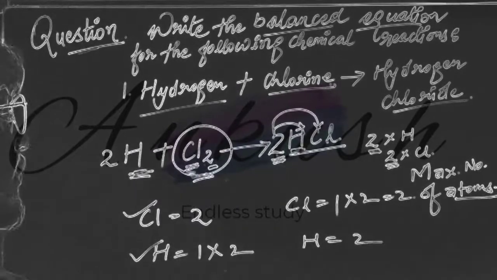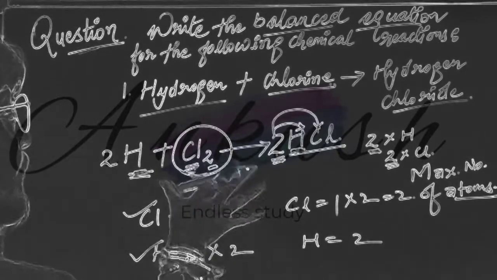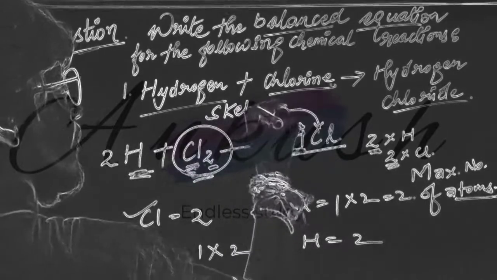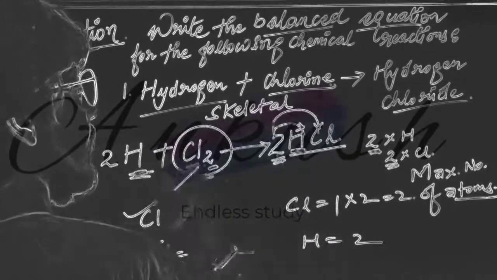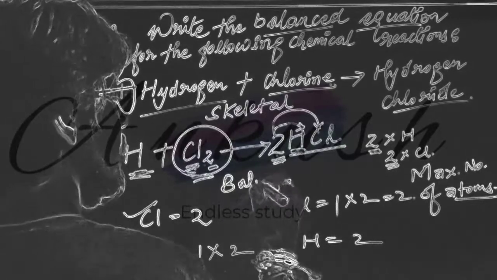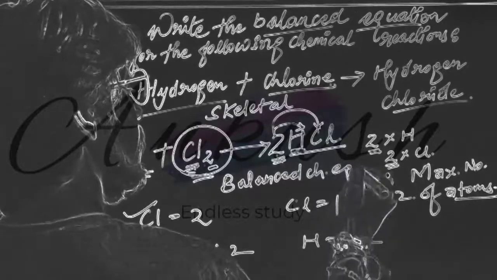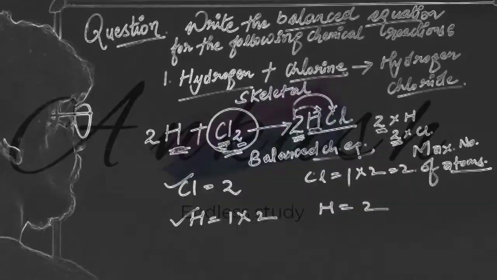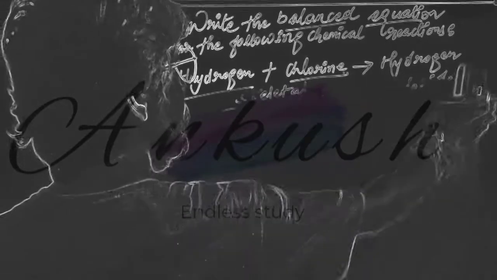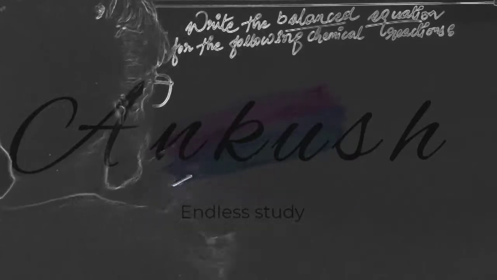We looked for the maximum number of atoms and we found it in chlorine. Before, it was not balanced, it was a skeletal chemical equation. And after balancing, now it is a balanced chemical equation. Now we will go to the next question. The first reaction was very easy to balance.